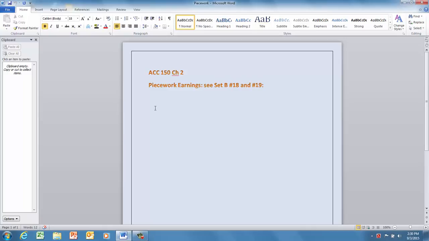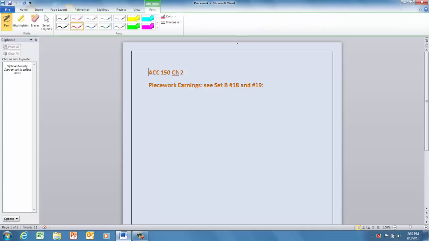We're going to start with calculating the total that this person gets for their units. There are 1,450 units. We're going to multiply that times their piecework rate, which is 38 cents a unit.